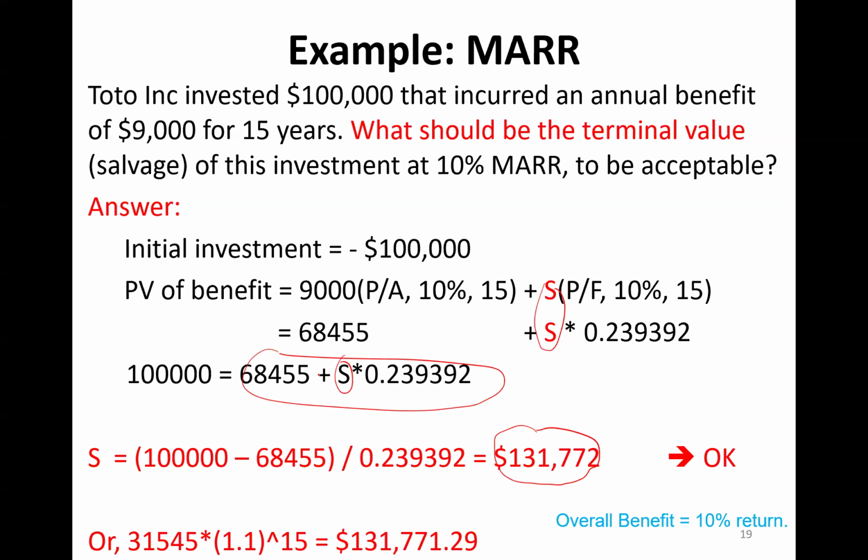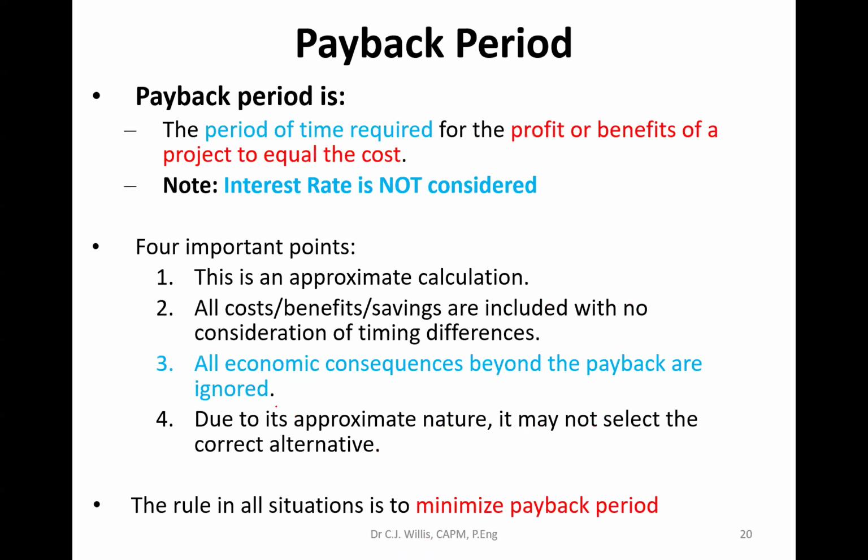That means the net present value of that investment is going to be zero. So you are getting the 10% for sure. If it is positive, then you're getting more than 10%. You want at least a minimum of 10%.